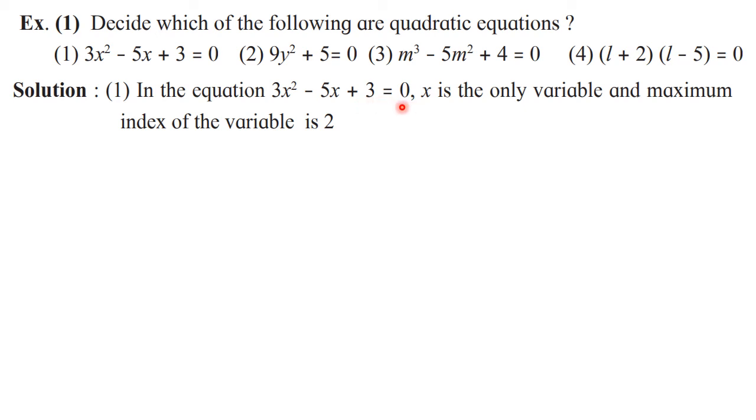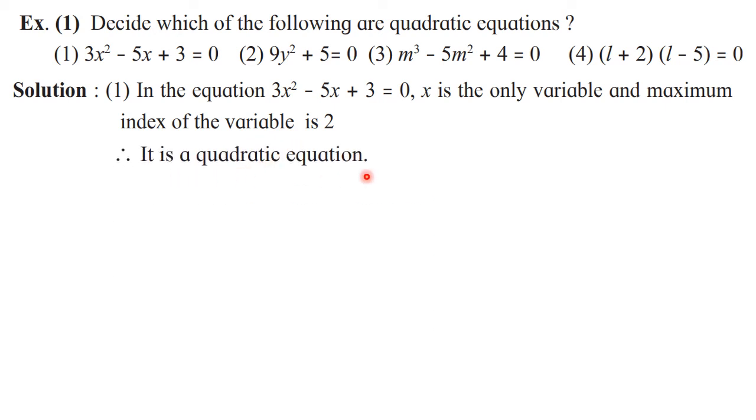What we can observe is x is the only variable and the maximum index of that variable is 2. Both the conditions are satisfied, that it is having only one variable and the maximum index is also 2. And that is why we can say that it is a quadratic equation.